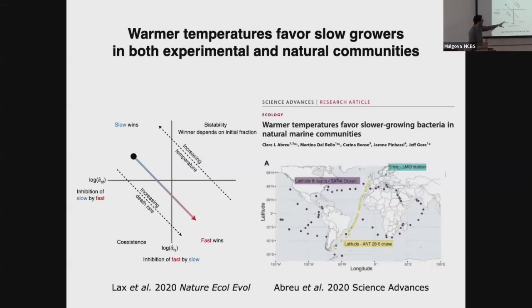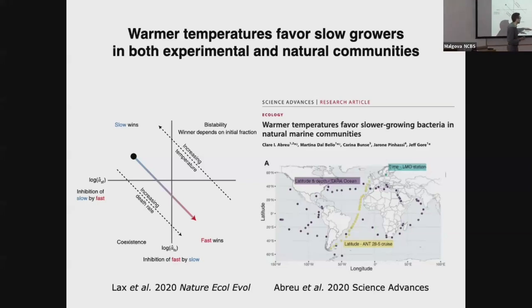So here I'm just mentioning that some of the same authors that were working on how death rate versus temperature affect the competition between 2 species then used the results to predict how the composition of species in natural microbiotas, concretely in the ocean, will change for different temperatures.